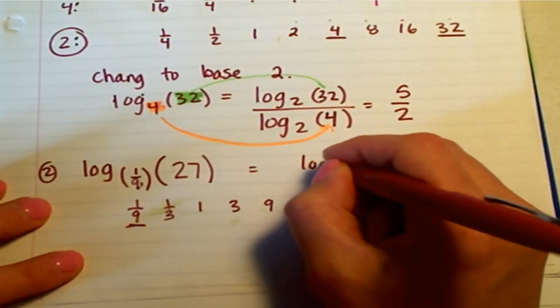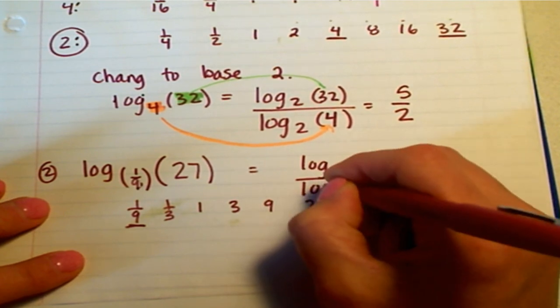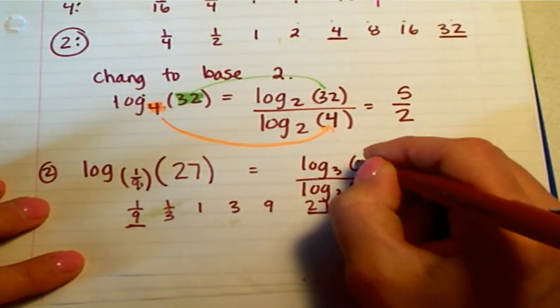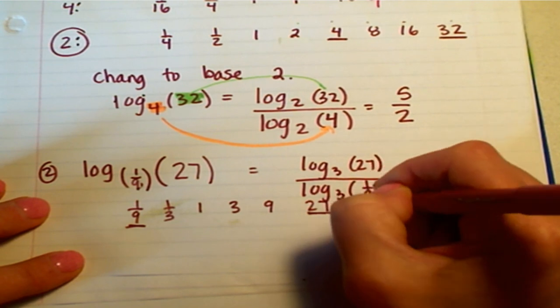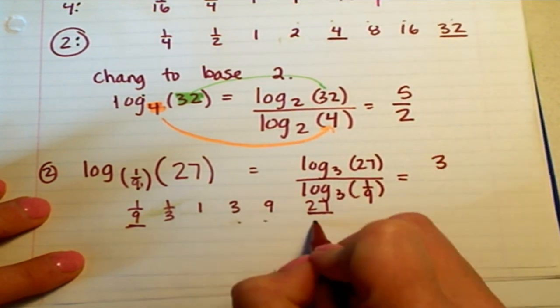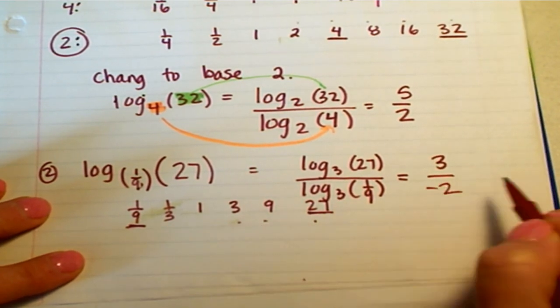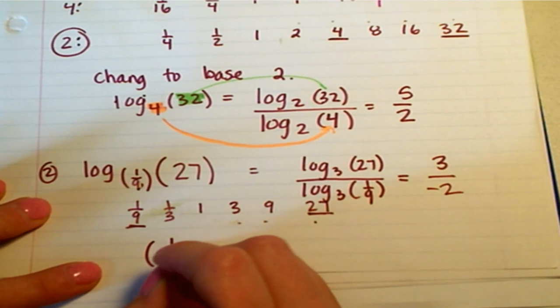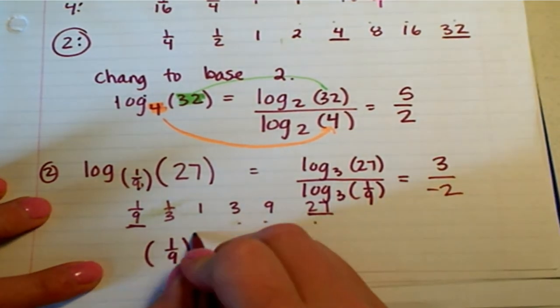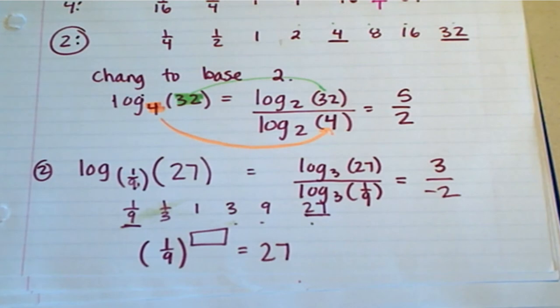Equals log base 3, right? Change to log base 3 of 27 over log base 3 of 1/9. So I get 3, 1, 2, 3, and I get negative 2. All right, so let's check it. 1/9 to what power equals 27?